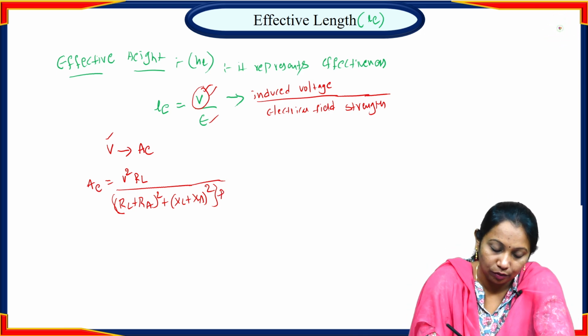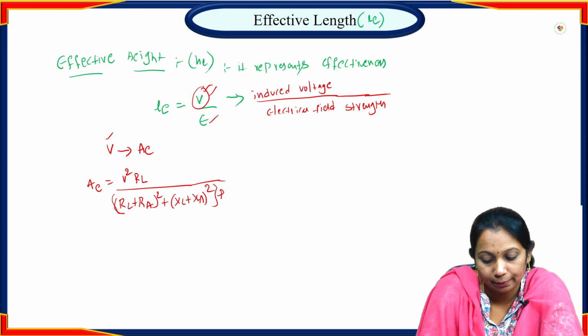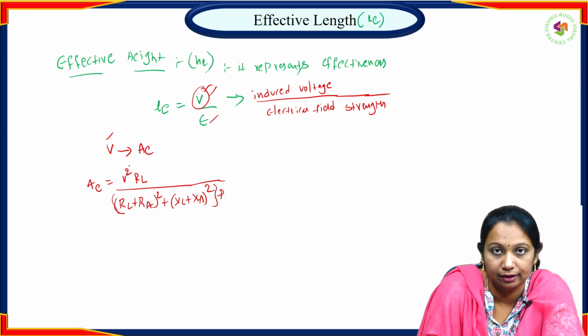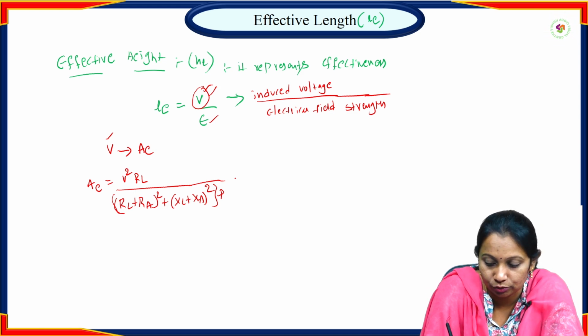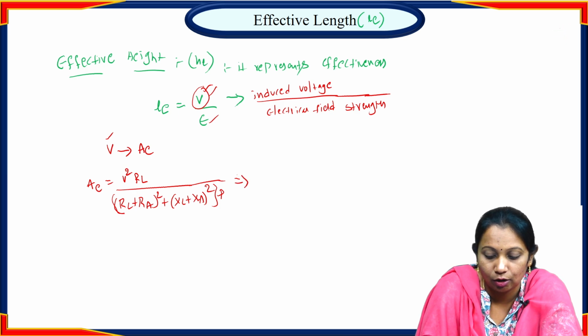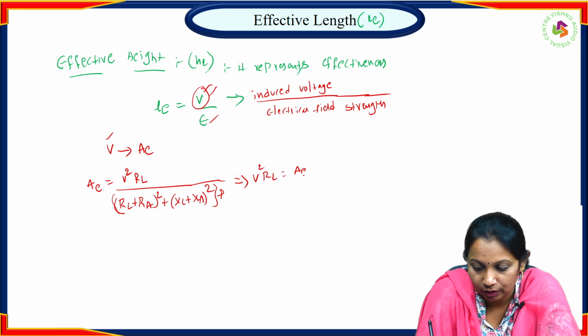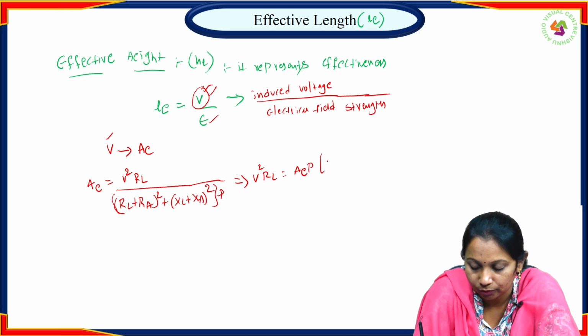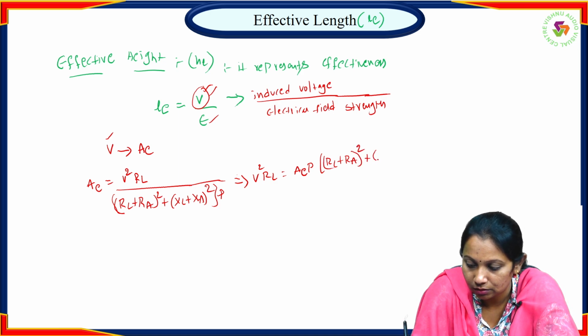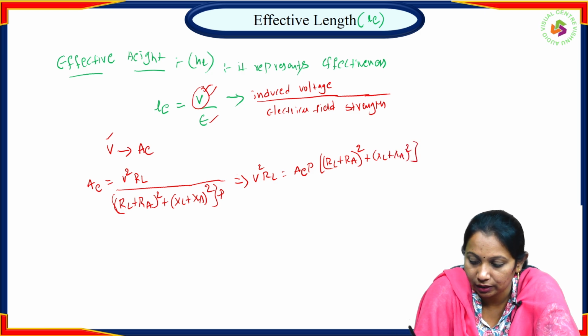Now I need V here, so how do I write the expression for V? We can write V square RL is equal to AE into P times (RL plus RA) whole square plus (XL plus XA) whole square.